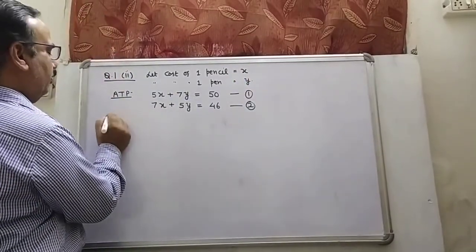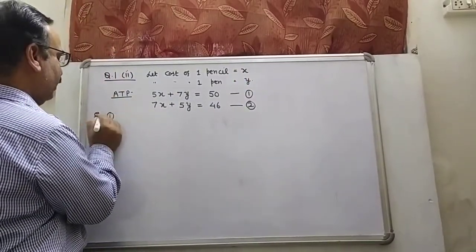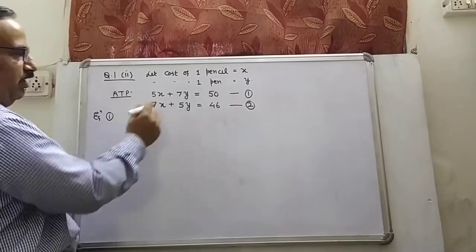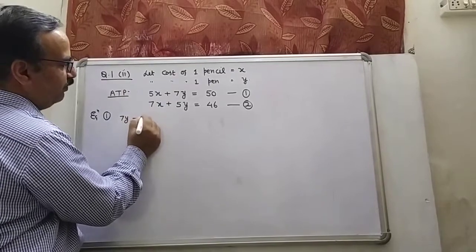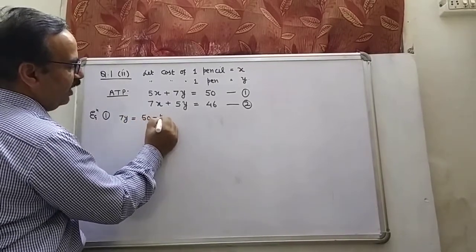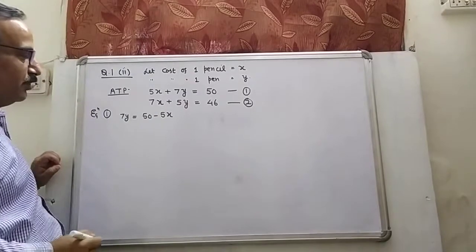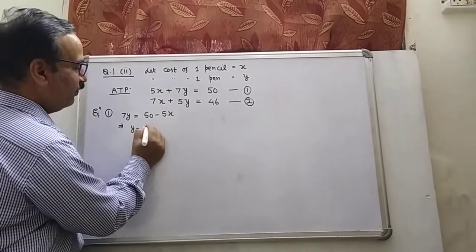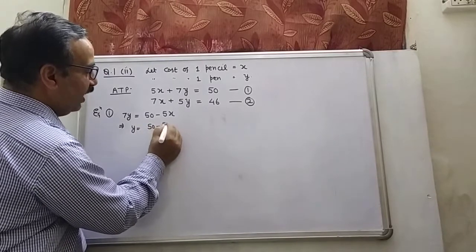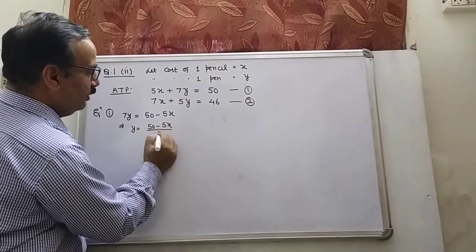Okay, let me take equation number 1. Equation number 1 implies 7y can be written as 50 minus 5x. Am I right? And that is why y can be written as 50 minus 5x over 7.